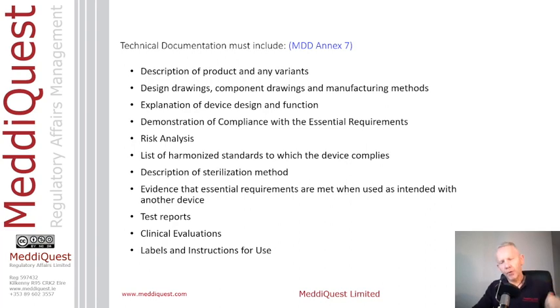Now, the important thing about this technical documentation, or really anything you write in business, is you've got to think about who you're writing it for. And you are very definitely not writing it for the notified body auditor, the notified body technical reviewer.